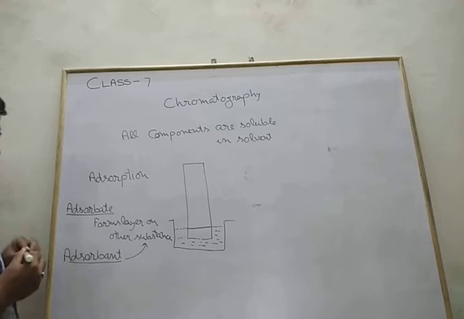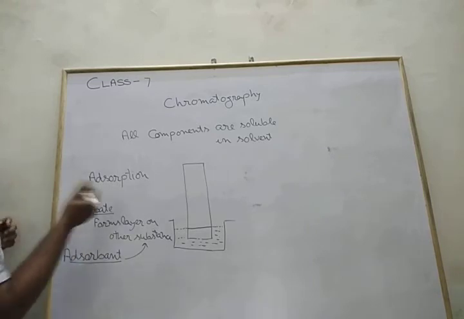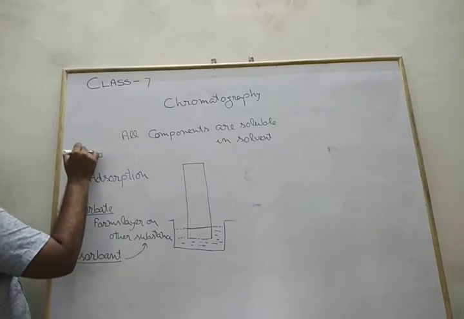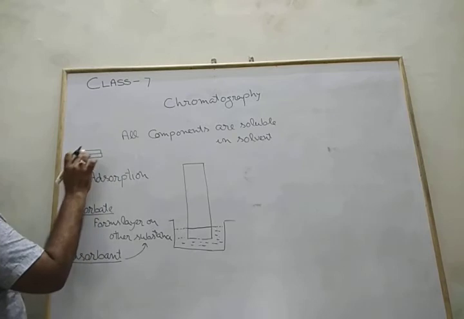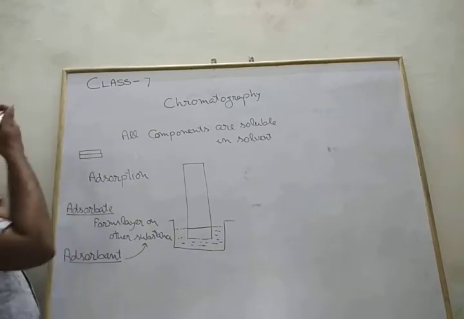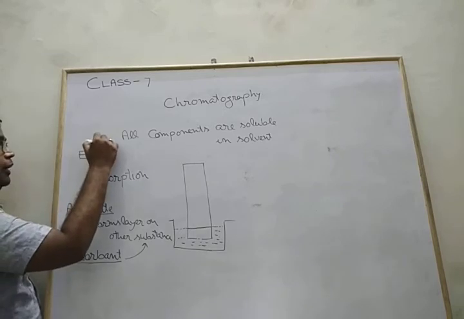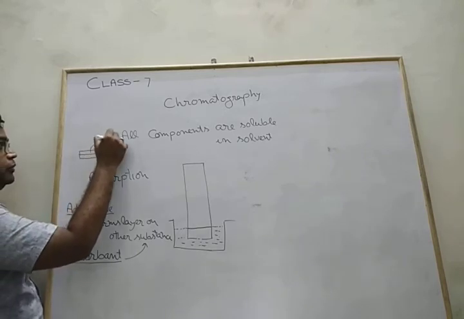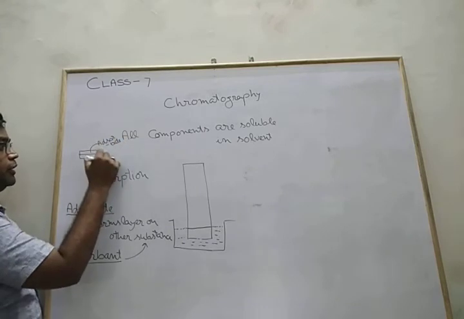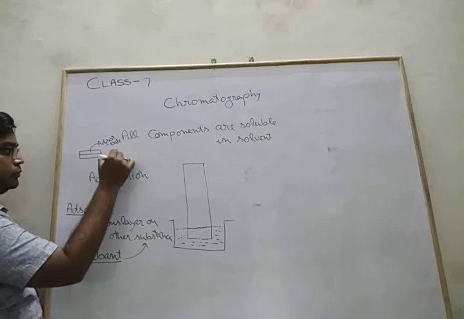And the first substance, which forms a layer over the other. Suppose in this case there are two substances. This is first, this is second. So the first substance forms a layer on the other one. So this is your adsorbate, and this is your adsorbent.